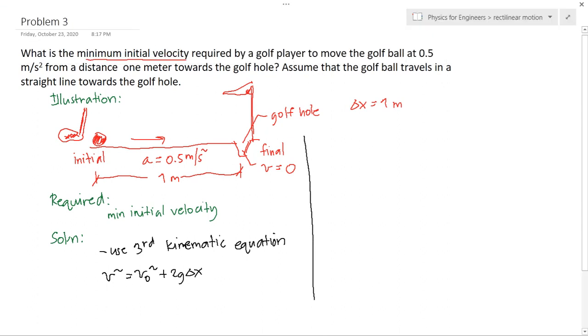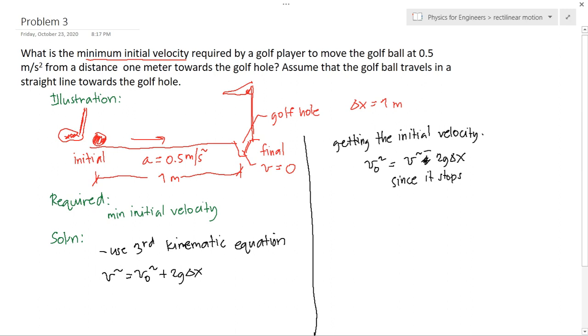So for this one, let's have a division, getting the initial velocity. So we have v naught squared equals v squared plus 2a change in x. I mean this one is minus, right?